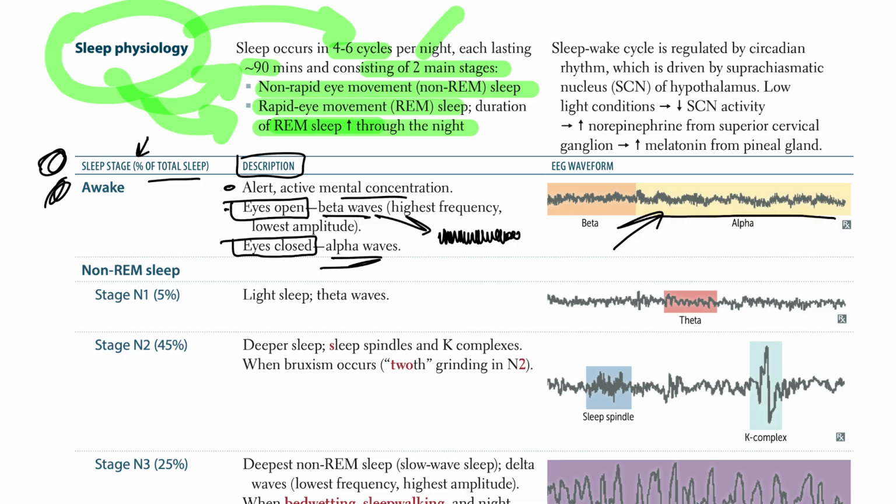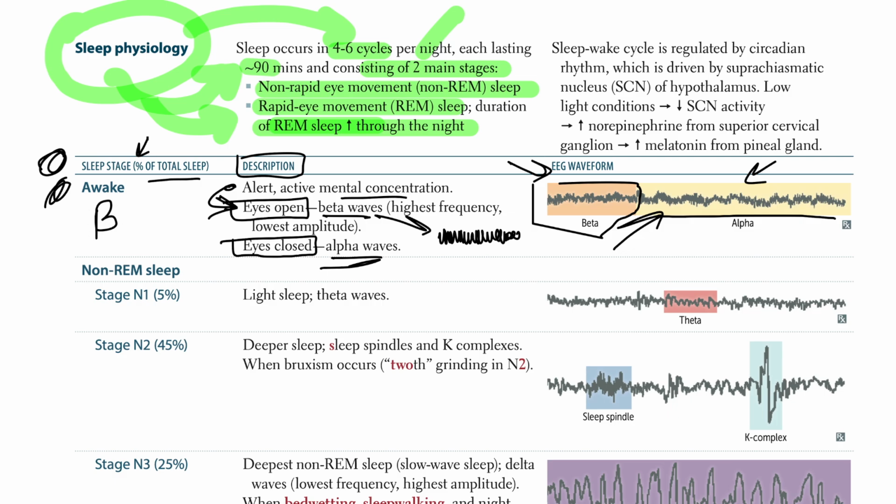Active, alert. If you put on an EEG with all the leads and everything, with eyes open you will see beta waves. Eyes closed, you will see alpha waves. Let's just make a mnemonic.